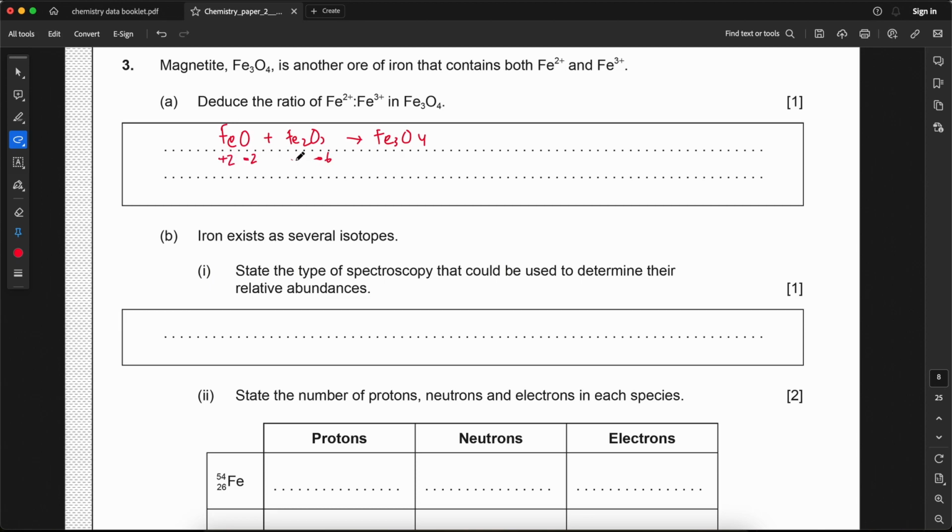This one is -6, but for one Fe only here, it's 3. So there is one Fe2 plus in FeO and two Fe3 plus in Fe2O3. Therefore, the ratio would be 1:2.